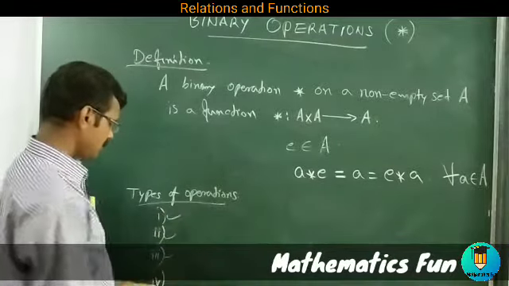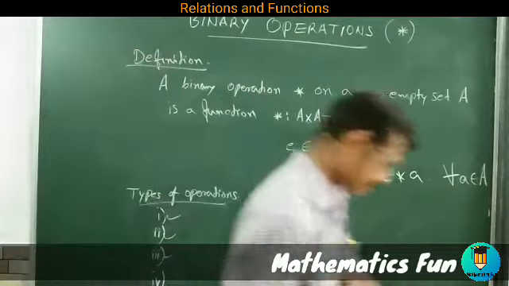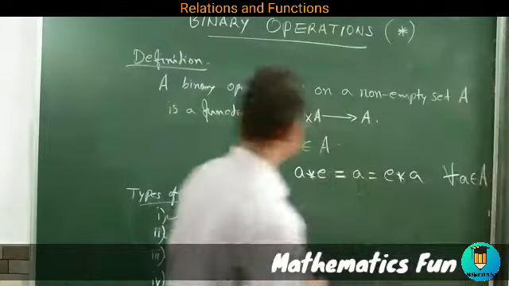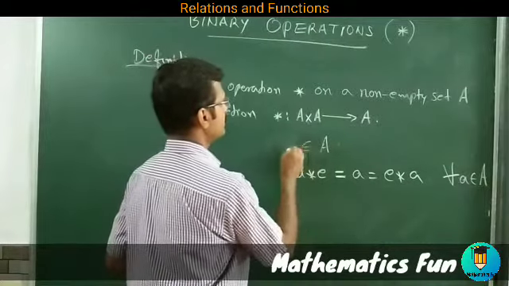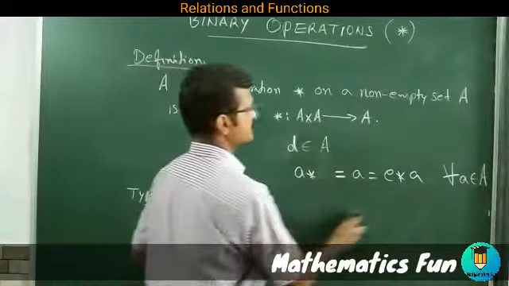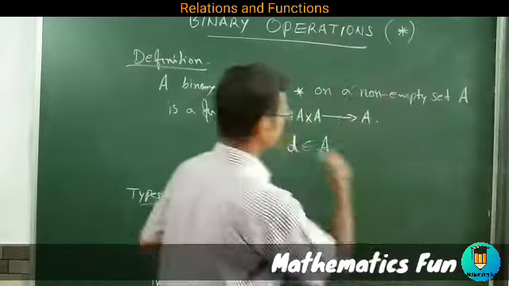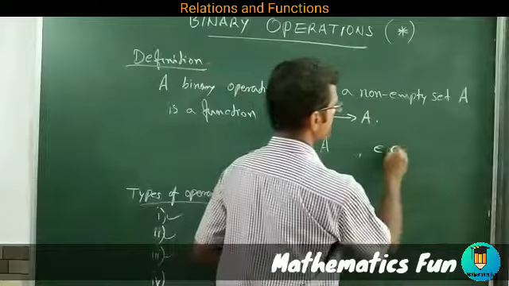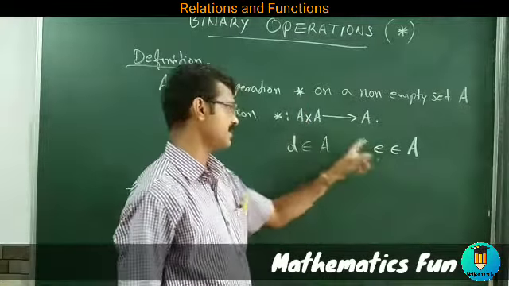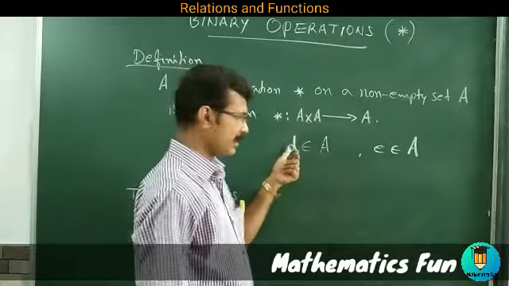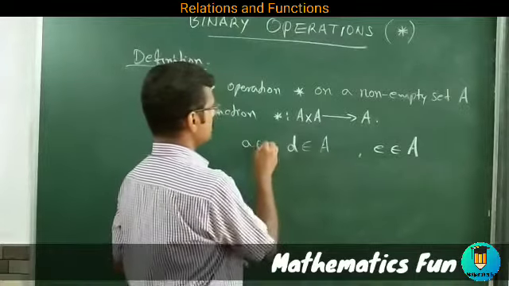Now the fourth one is about inverse. Inverse is almost a similar type. Let there be an element d belongs to A, and the corresponding identity element is e.